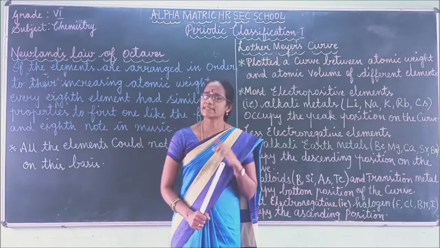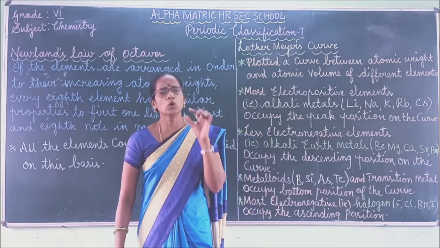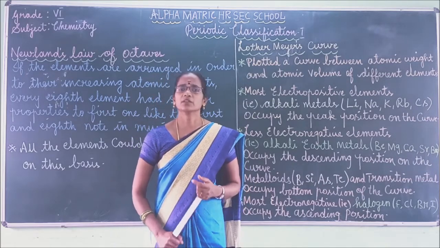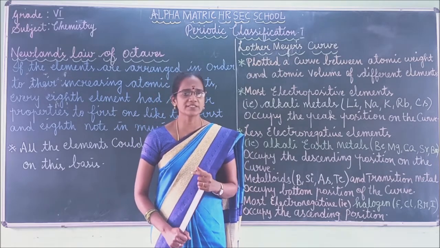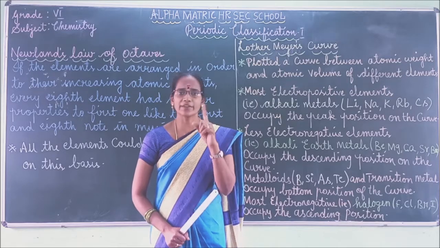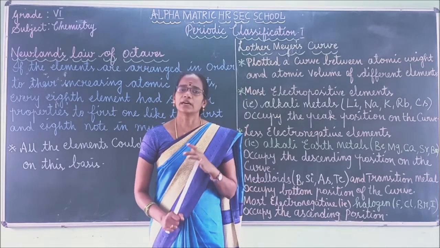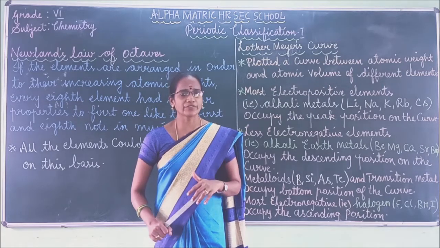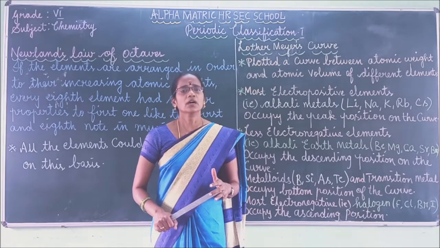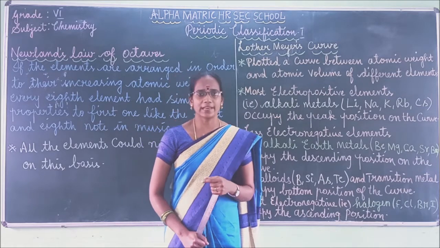He started with the element with the lowest atomic weight. Which element? Hydrogen. Hydrogen has the lowest atomic weight, 1. So Newlands started with hydrogen and ended with the element thorium.